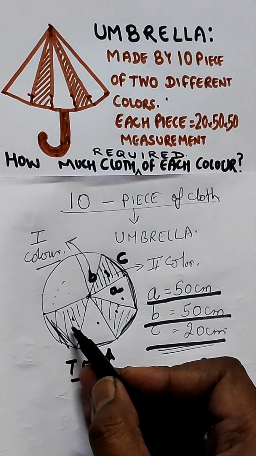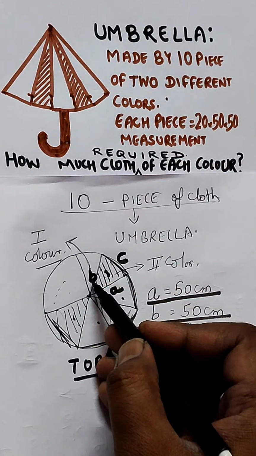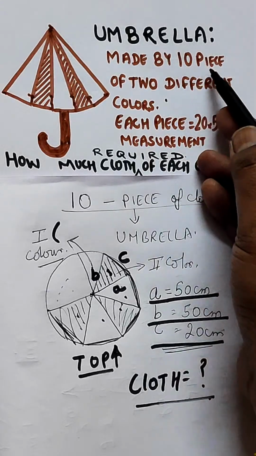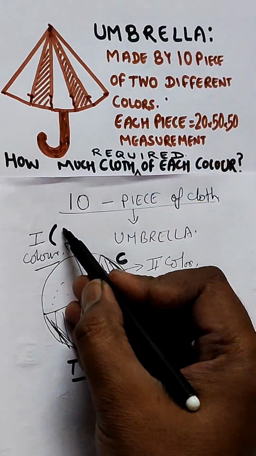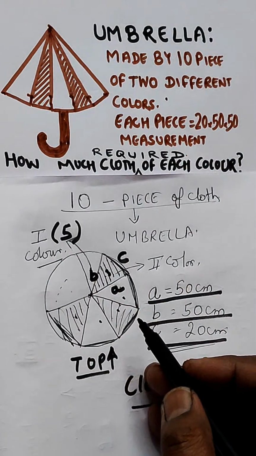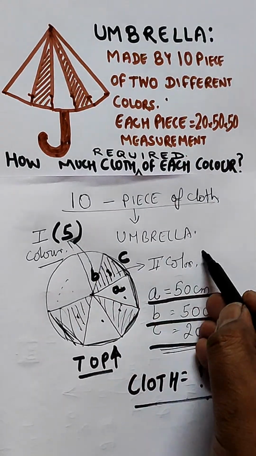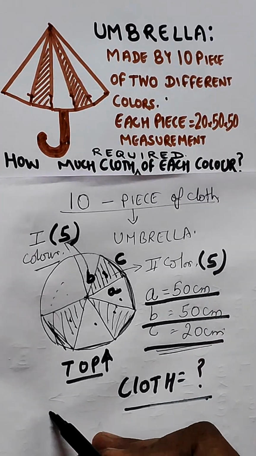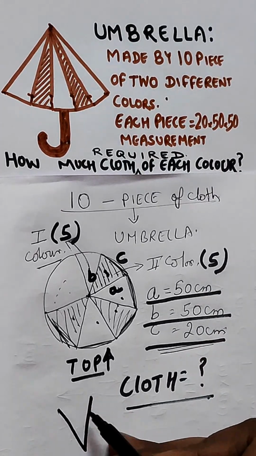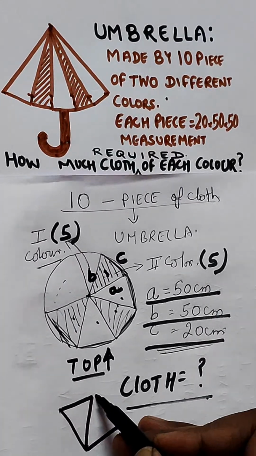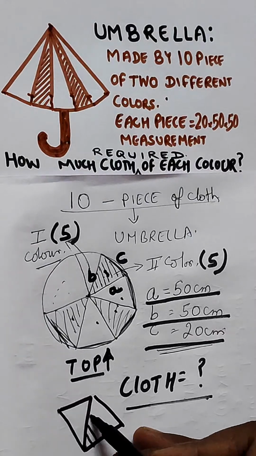So if you consider this one color, that means the blank one, you can see that there are total 10 pieces. So for the first color, this will be 5 pieces, and for the second color, this will be 5 pieces. Because you can see if this is one of the pieces, the adjacent one will be a shaded one like this.